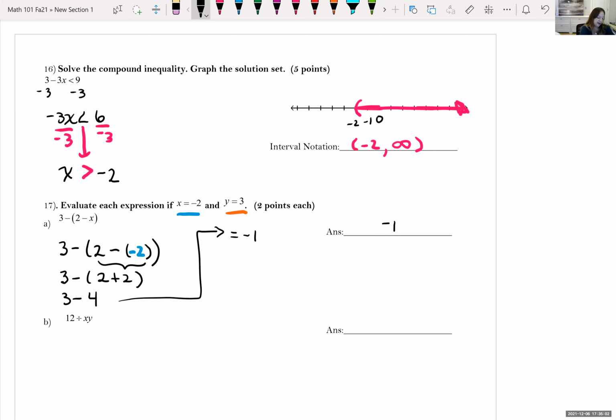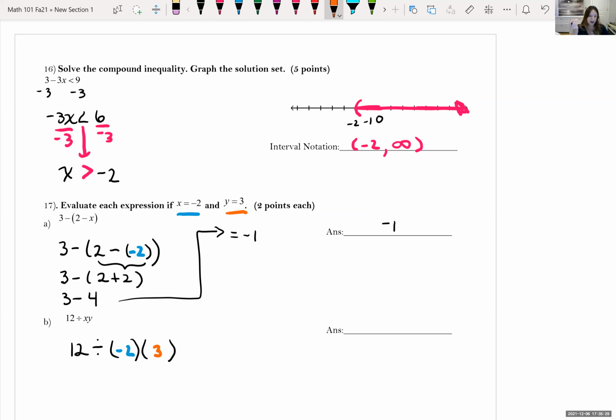So part B, we have 12 divided by x times y. So 12 divided by, let's plug in what x is and what y is. x is -2, and y is 3. Order of operations, so this is where it's important.